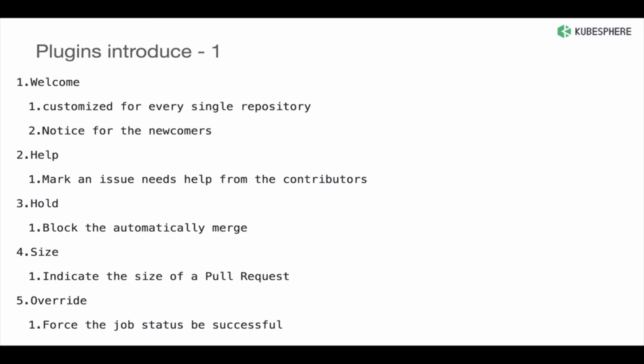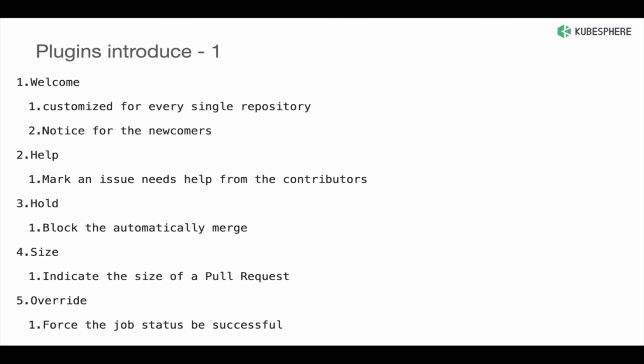It will block the automatic merge until I believe my manual test was done. So I can just unhold it. Size plugin. This plugin will indicate the size of a pull request automatically. It is important for the reviewers to review the pull request.